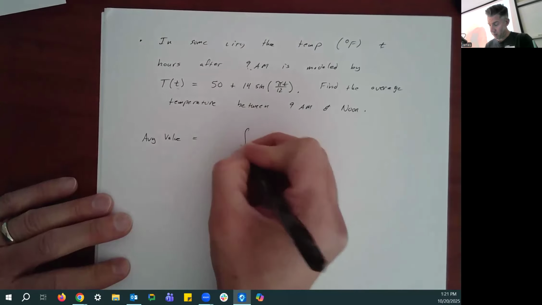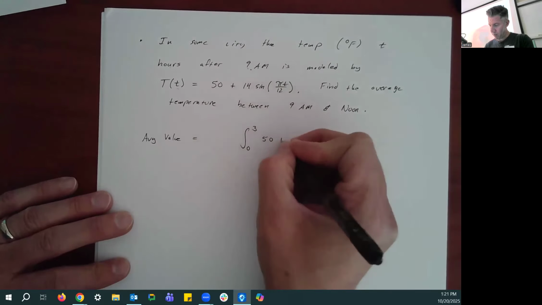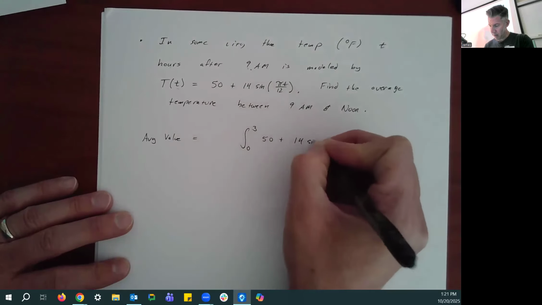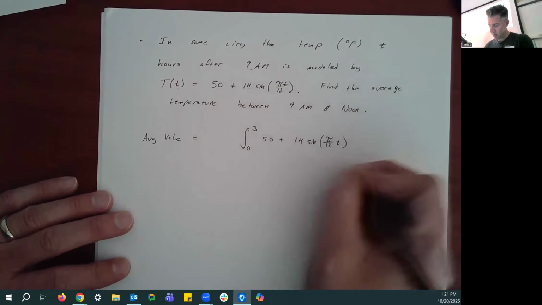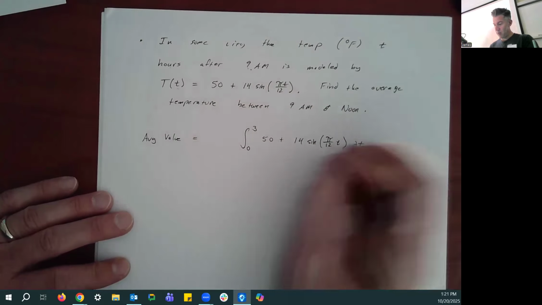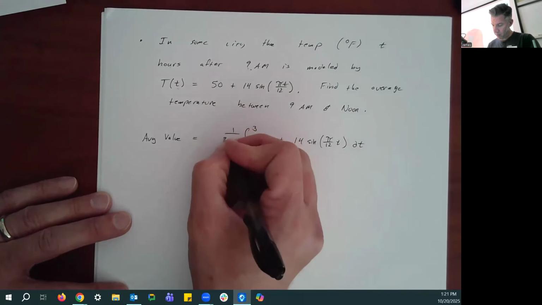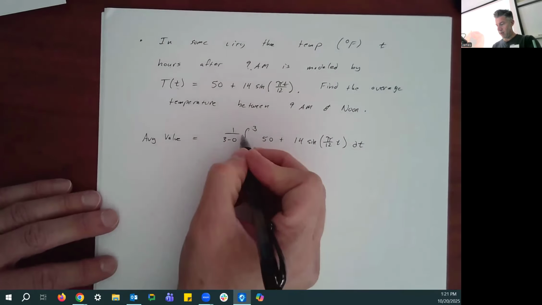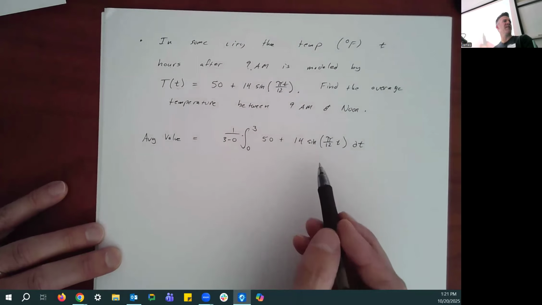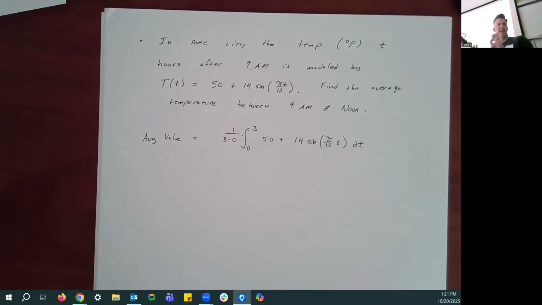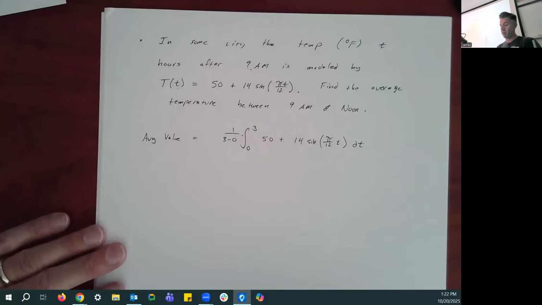So it's going to be the integral from 0 to 3 of this function, 50 plus 14 sine of pi over 12 times t dt. And then we're going to multiply that by 1 over 3 minus 0. That's the total temperature. It's weird to think about total temperature, like you added up all the temperatures. But when we divide by this number, we're going to get the average temperature.